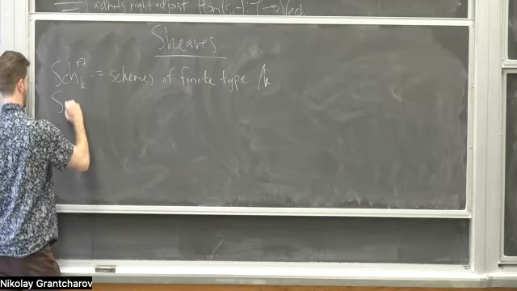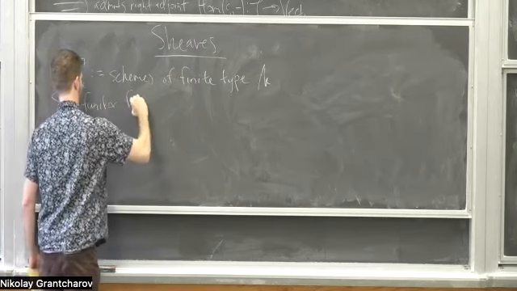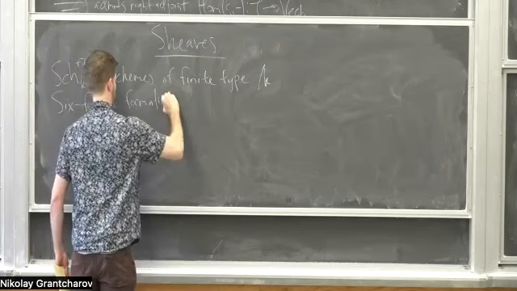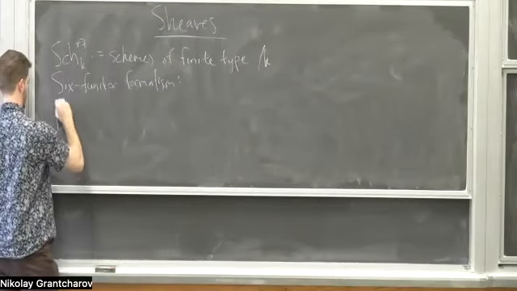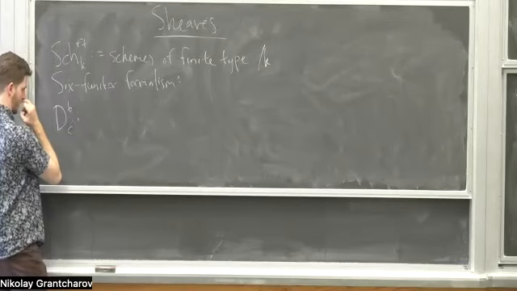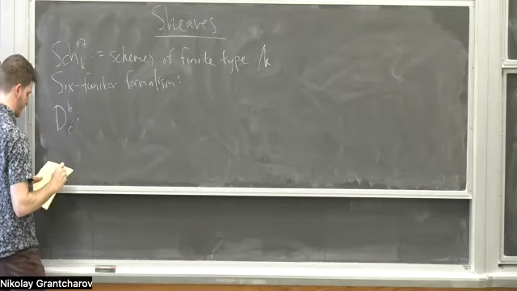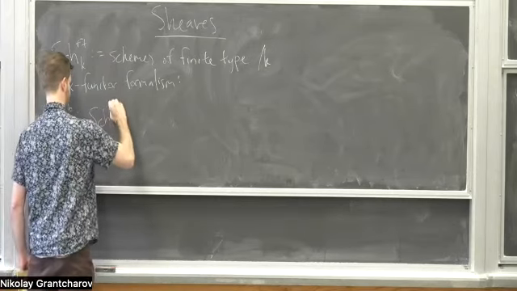So it's going to be something like the following. There are several pieces of data, but as a starting point, we could ask for a functor. I'm going to be loose because I'll allow several different sheaf theory contexts to fall within this general pattern. But it would look something like a functor from schemes of finite type.